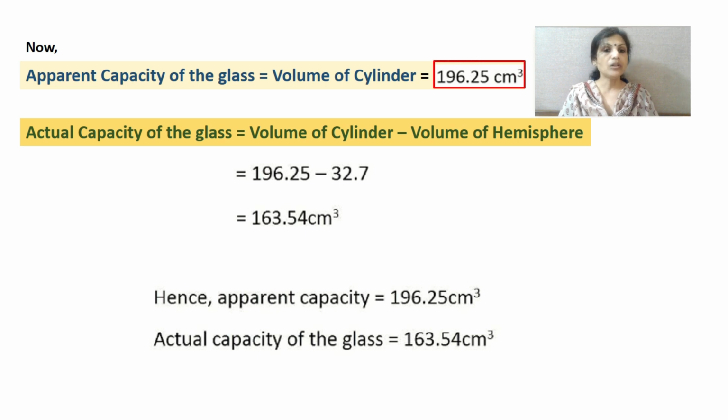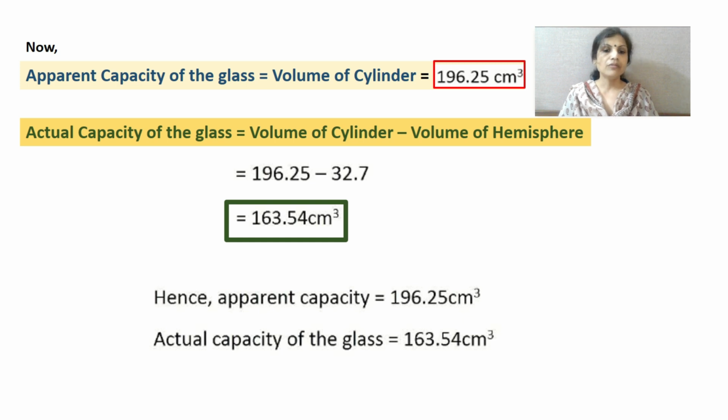And the actual capacity of the glass is the volume of cylinder minus the volume of hemisphere. If we substitute the values, 196.25 minus 32.7, and we get the value as 163.54 centimeter cube. That is the actual capacity of the glass.